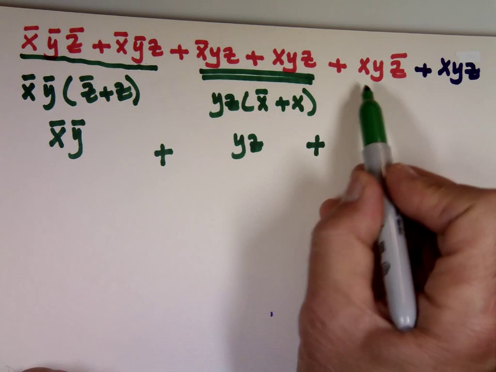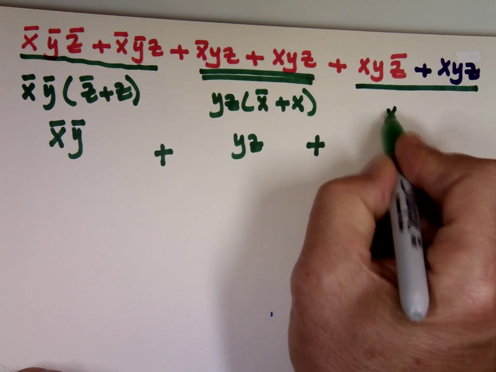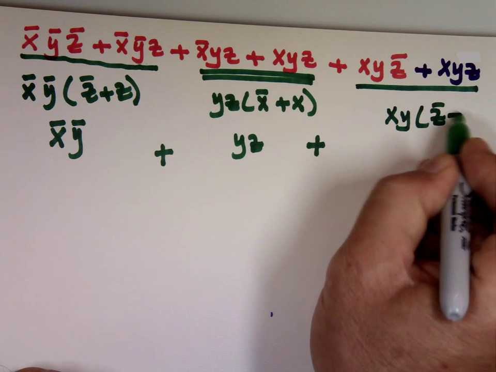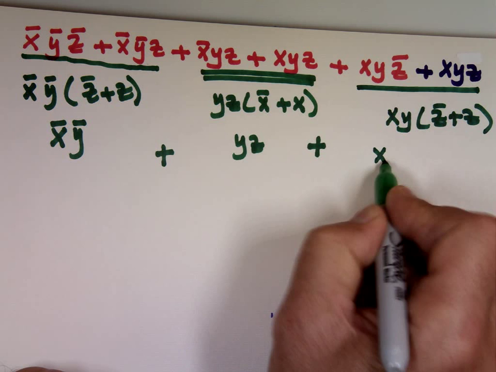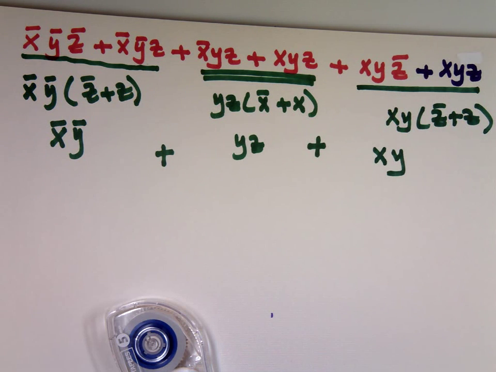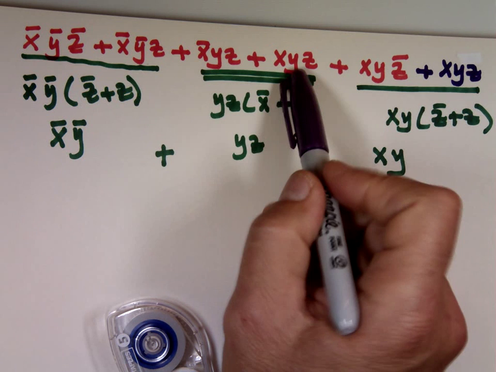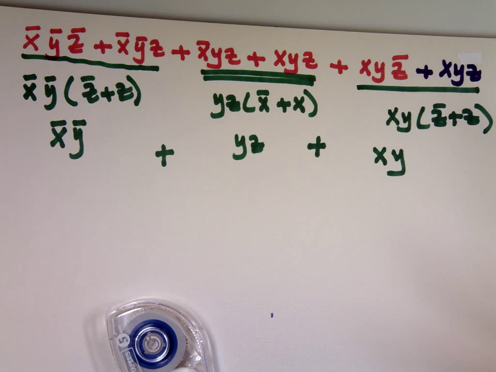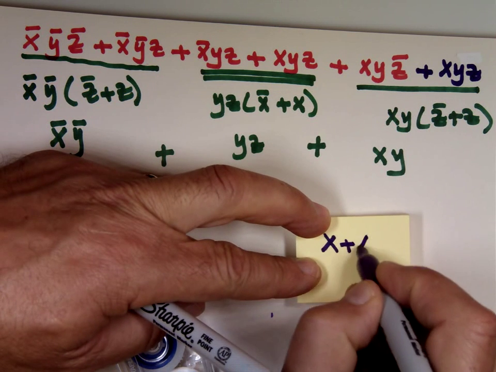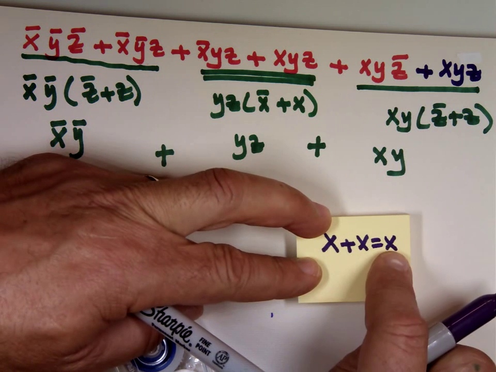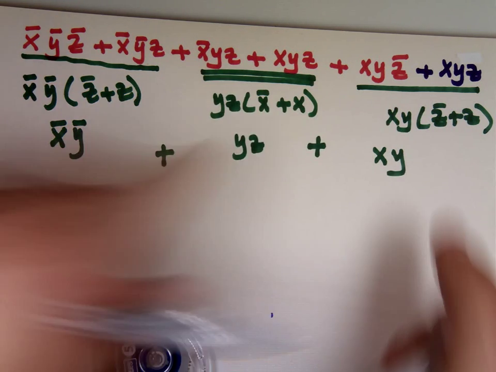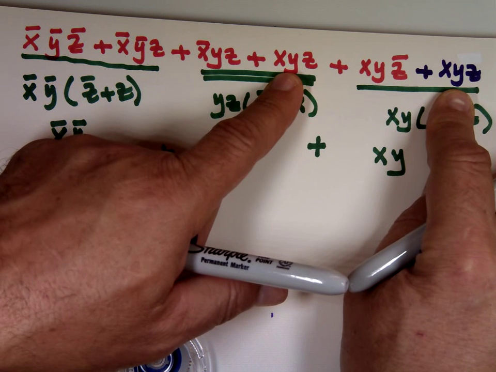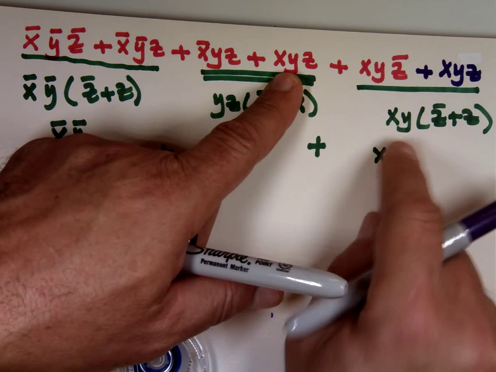I think it simplifies to X, Y, Z bar plus Z, which is X, Y. But I didn't have it. I can write it twice. What's an OR gate, X plus X? When you have an OR gate, X or X, the result is X. So if you have an X, you can write it twice if you want to. Writing it twice lets you shrink it from 3 variables to 2 variables.